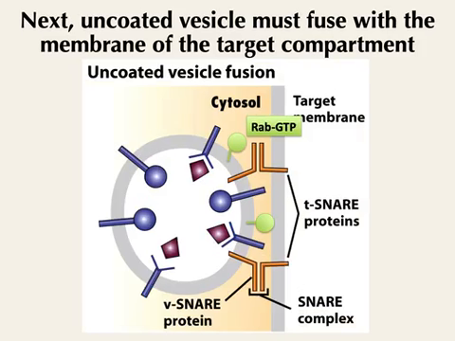So one of the first things is specificity yet again. How does a given vesicle know, in quotes, to interact with a given target membrane? This is largely encoded by another family of small GTPases.